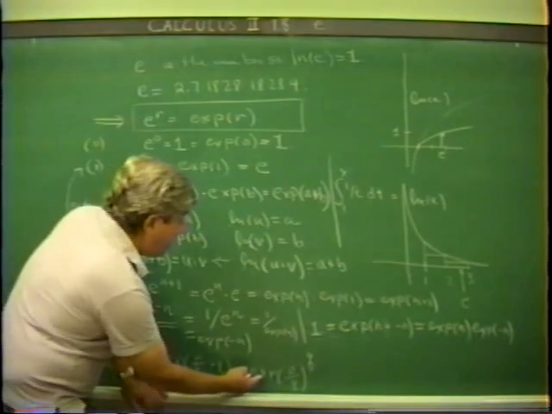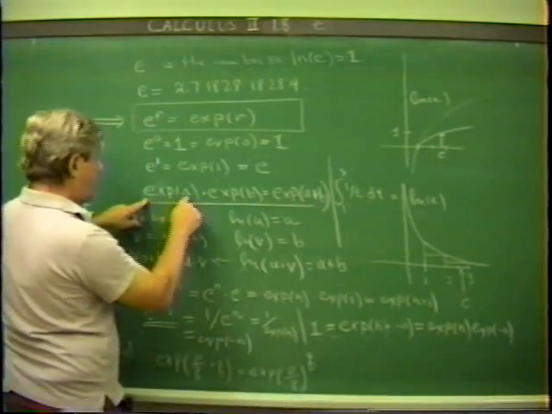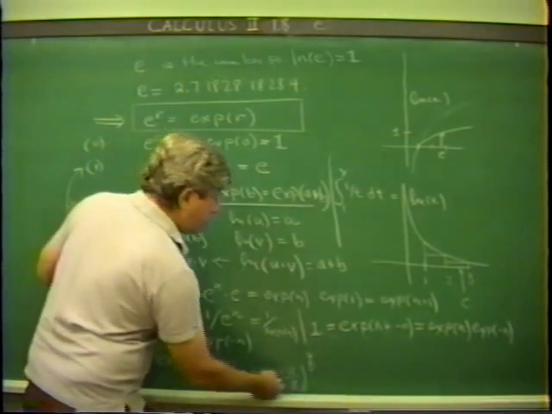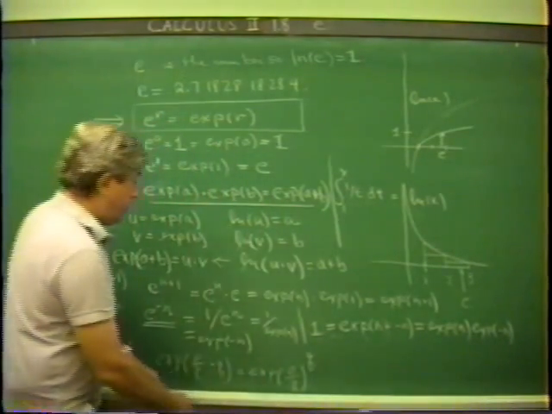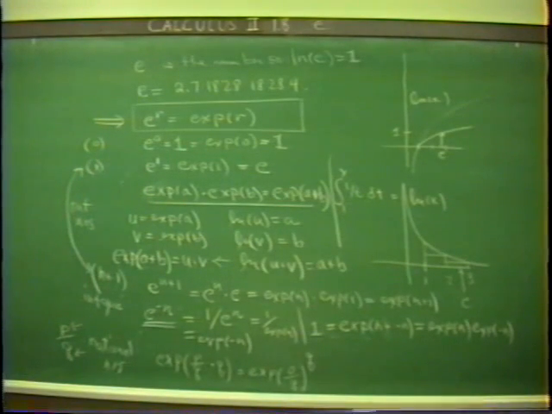So exponent of p over q, add p over q together q times, and you get this, and that's going to be equal to, from this fact right here, exponent of p over q times exponent of p over q times exponent of p over q, q times.